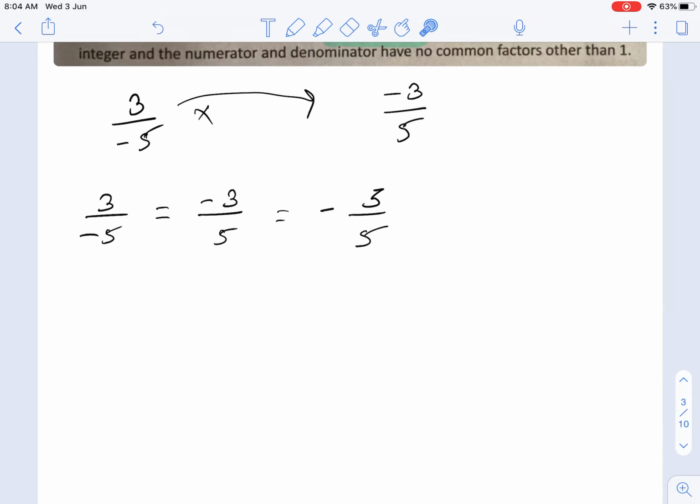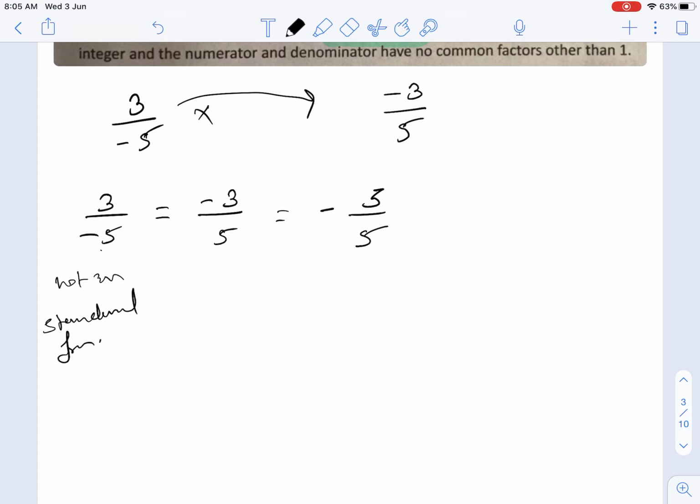Now we were learning whether it is in standard form or not. Here the denominator has a negative sign. So when the denominator of a rational number is negative, then it is not in standard form. It is a rational number but not in standard form. Why?